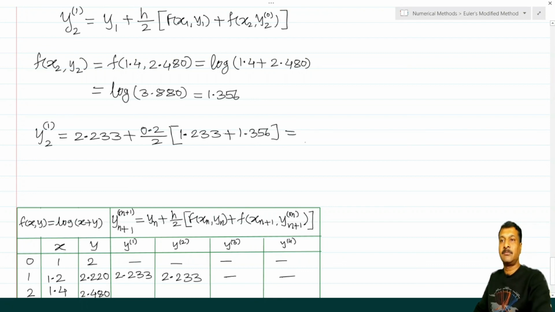Find this value. So I am getting 2.233 plus 0.2 by 2 in bracket 2.589.